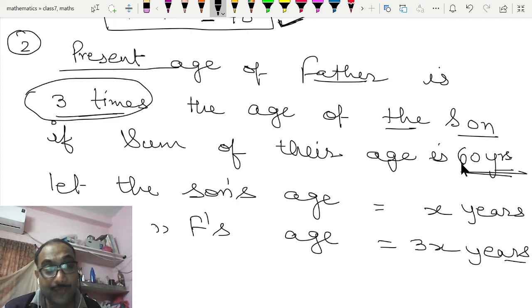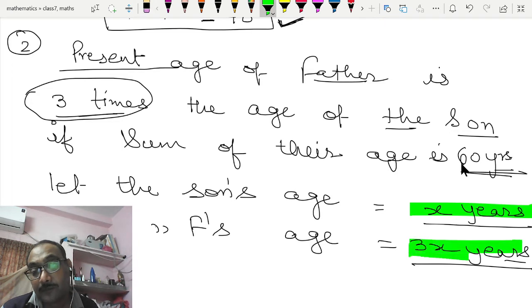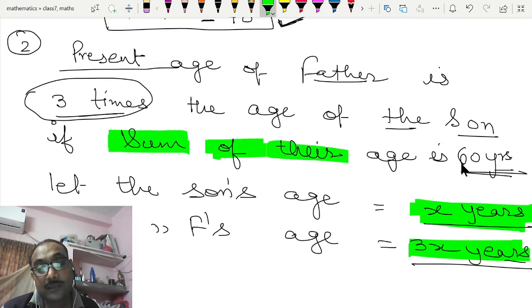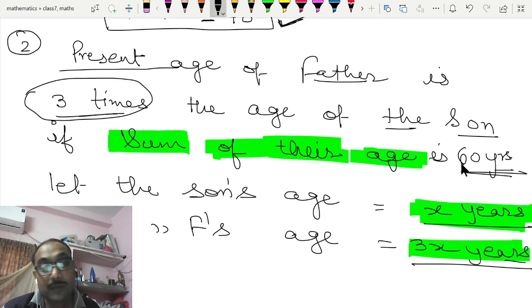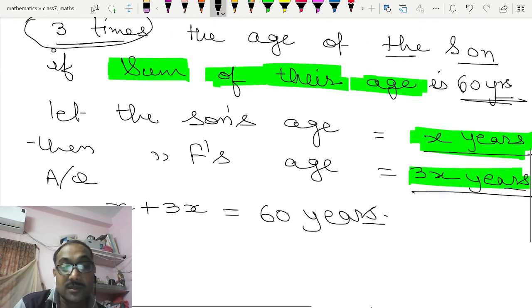If you take the son's age as x years, then his father's age will be 3x. Clear? Now the question says that the sum of their ages, when you add these two ages, what will be the result? So according to the question, age of the son plus age of his father is equal to 60 years. This is the equation.